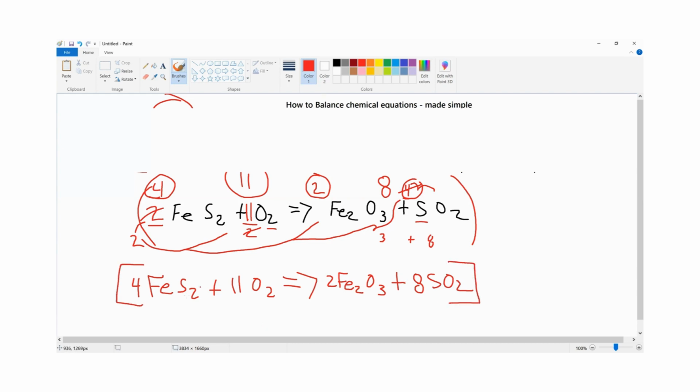Now you want to double check. We have 4 here. 2 times 2 is 4. Just check. We have 4 times 2, that's 8 sulfur. 8 times 1 is 8. Check, check. We have 11 oxygen. We have 2 times 3 is 6.